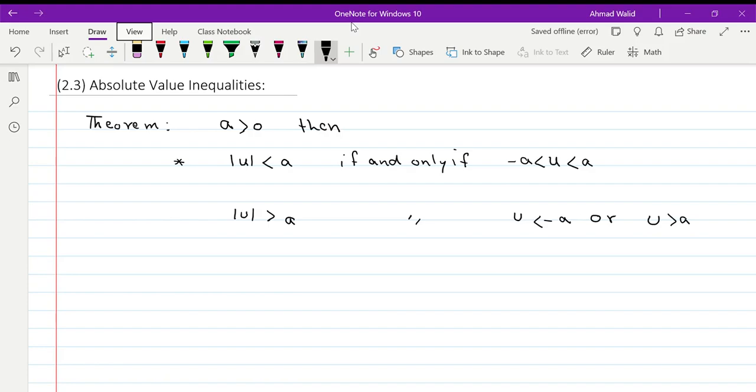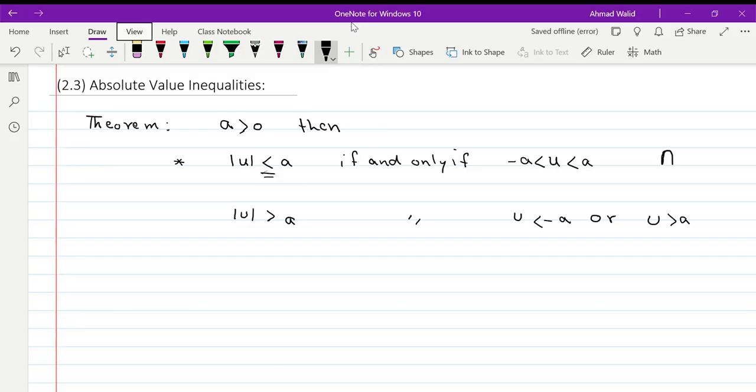What this theorem tells you in very simple language is that when you are dealing with absolute value inequalities, if you have the less than sign or less than or equal sign, you are always looking for the intersection of the solution sets.